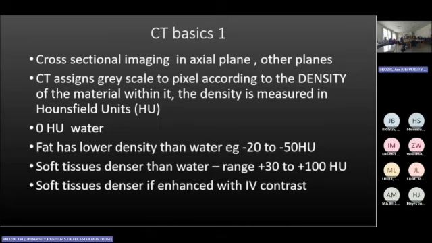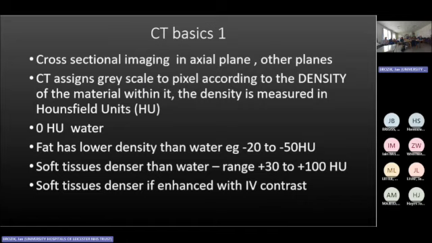CT is cross-sectional imaging, and we are usually looking at images in the axial plane. It's like when you cut or slice a cucumber, you get a slice and you look into it.